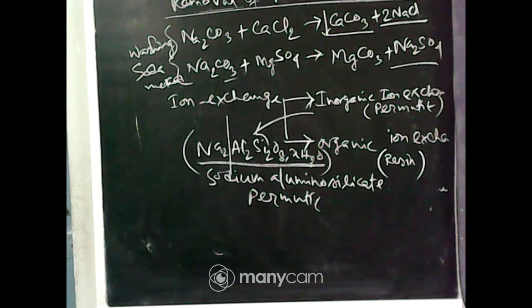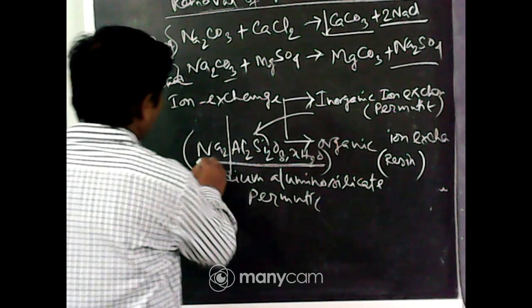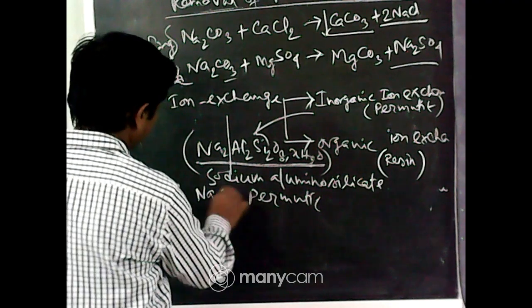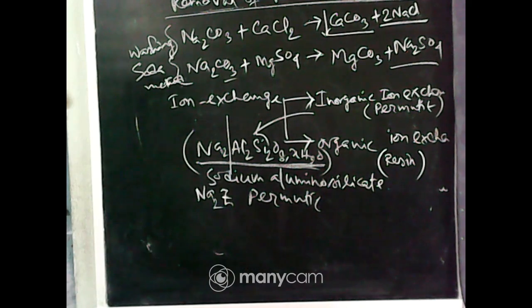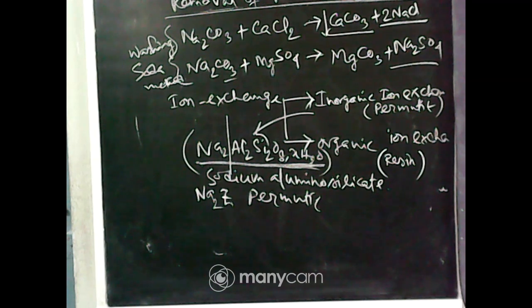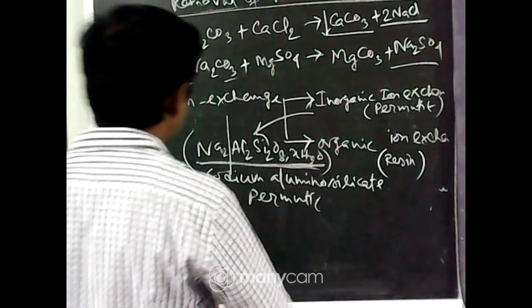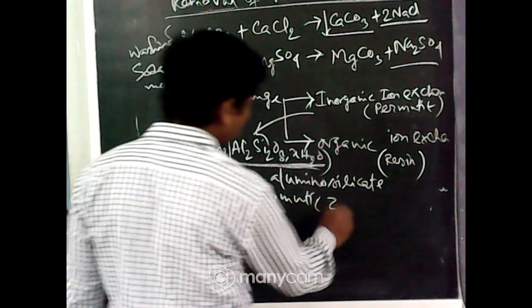So, here it works as a cation exchanger. The general representation of Permutit is Na2Z, where Z is Al2Si2O8.xH2O, and the name of this compound is zeolite. What is Z? Z is zeolite.